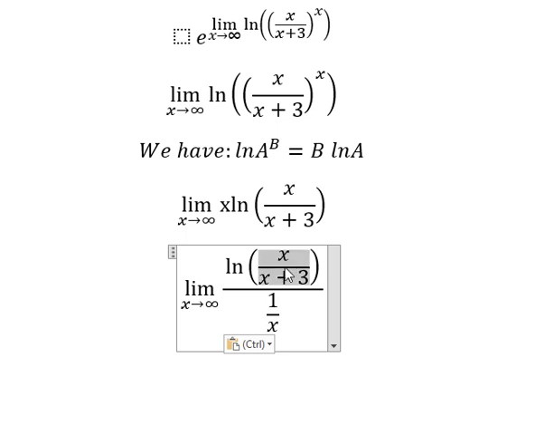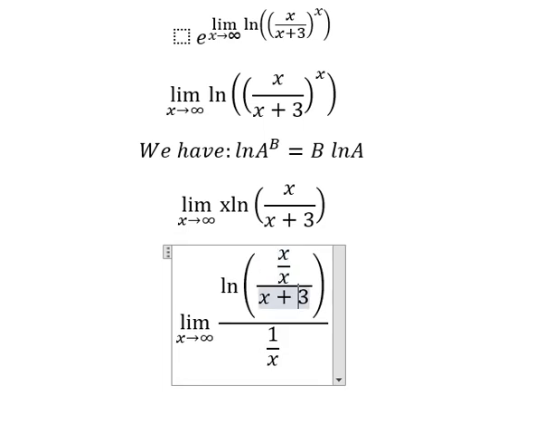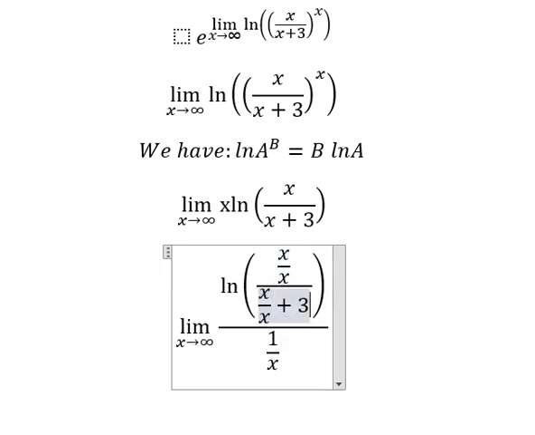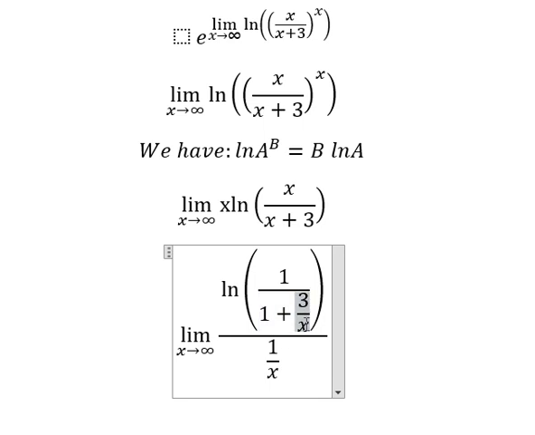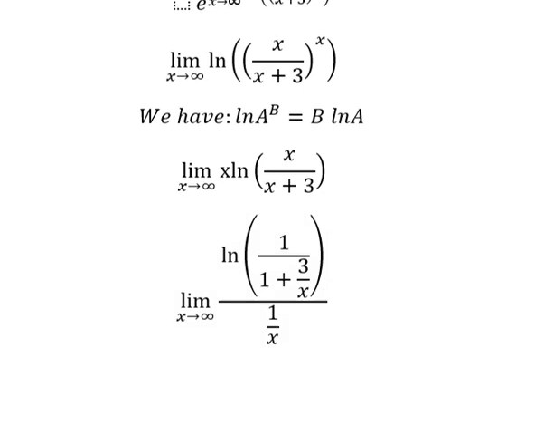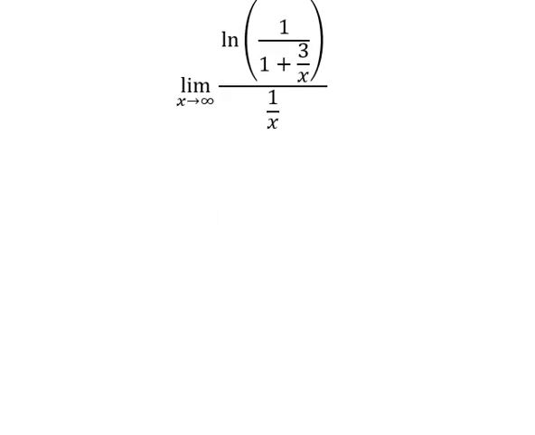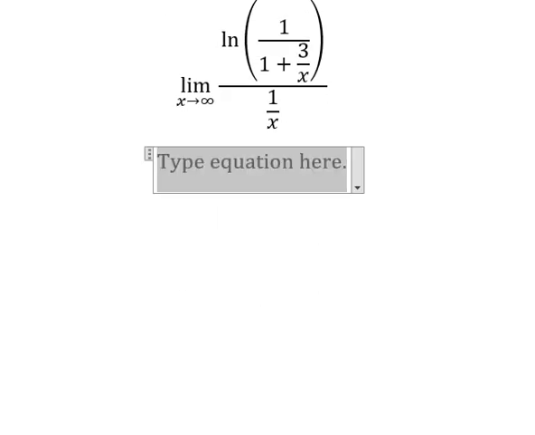This one, if we divide by s on numerator and denominator, so this one you got number 0, and number 1 you got number 0. So that means we have 0 over 0.